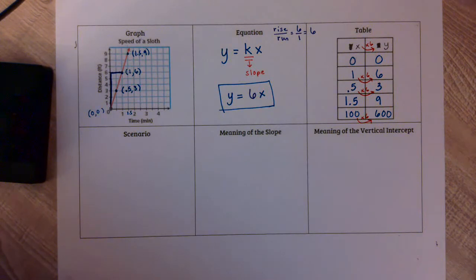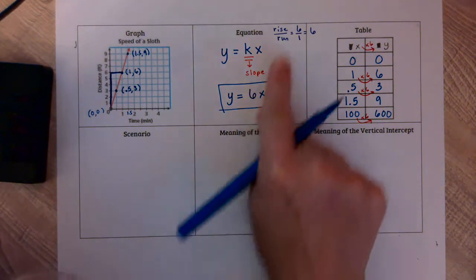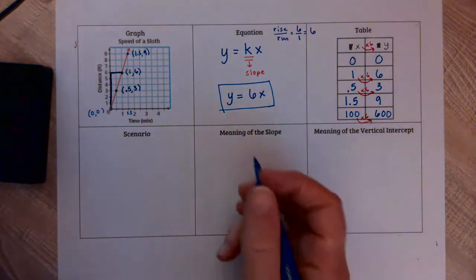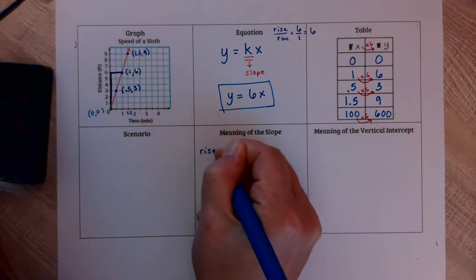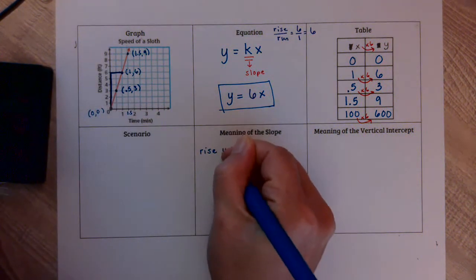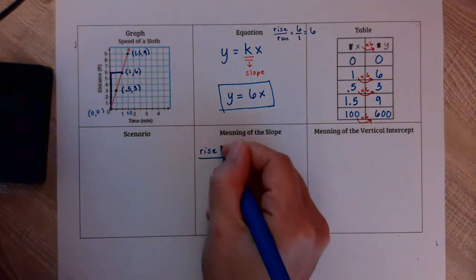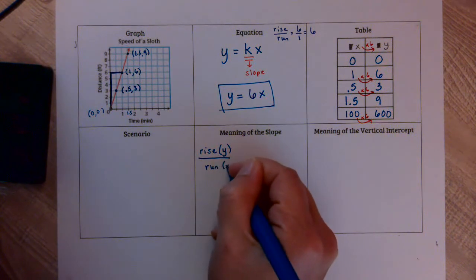I'm going to come to the meaning of the slope for a minute. Let's focus on that because we were just talking about slope up here. So remember, slope is always that rise, which, by the way, the rise is your y-axis, and then the run is your x.